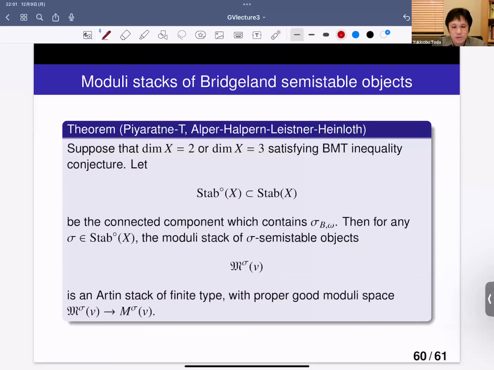In the case of semistable sheaves, this moduli stack can be constructed as an explicit GIT quotient stack, and this is known to be a projective scheme. But in this case, it is not known whether this is a projective scheme. We only know that abstractly this is a proper algebraic space.